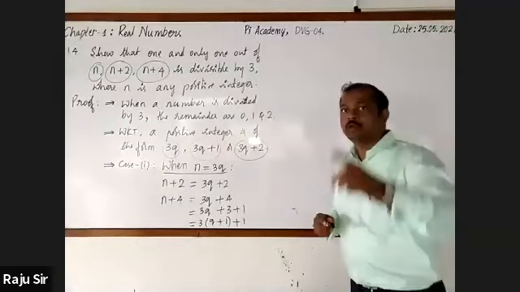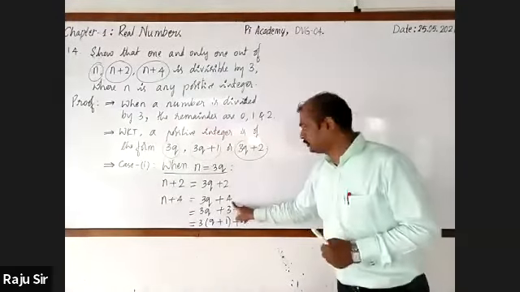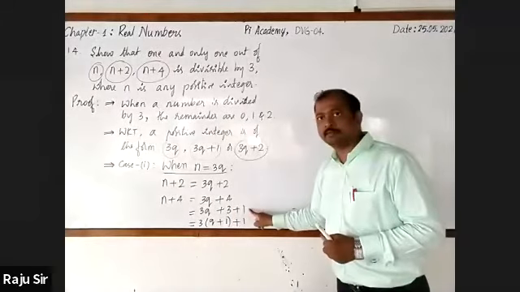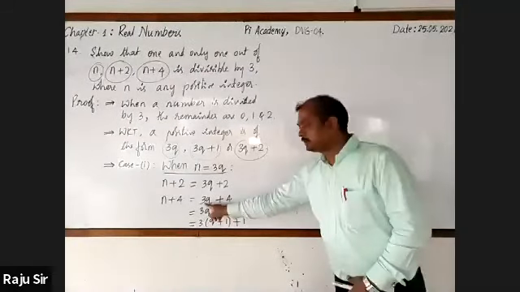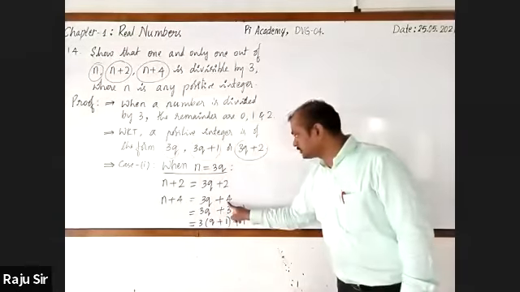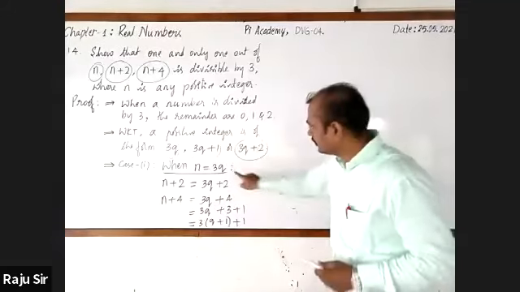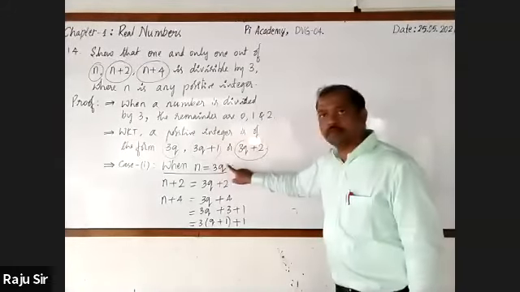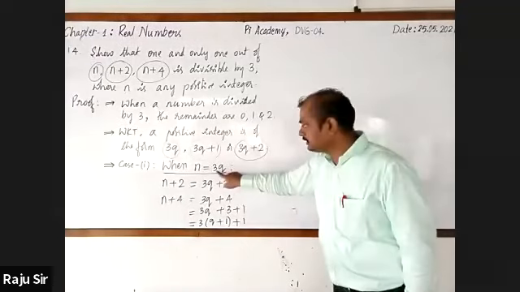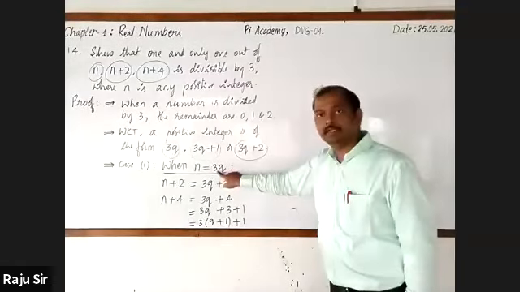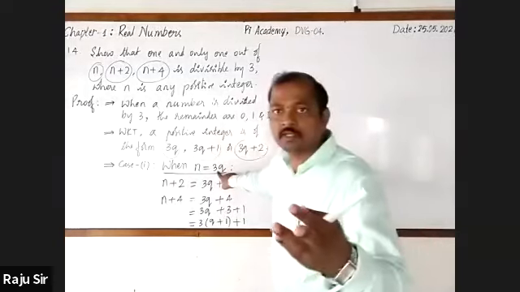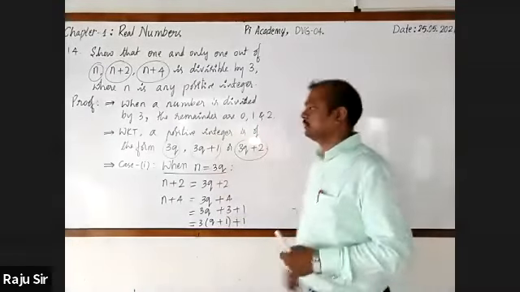No, Siddesh, you cannot write 4 as 2 plus 2 in this case, because 3 is the divisor. It should be written in the form of 3, that is 3 plus 1. Observe it. First one, n equal to 3q, is divisible by 3.